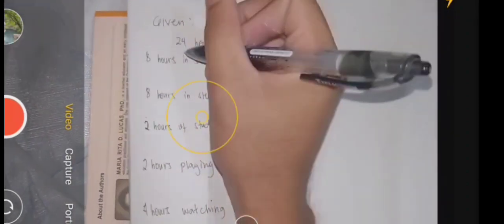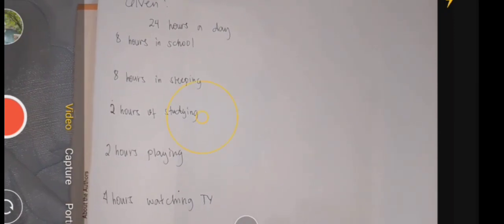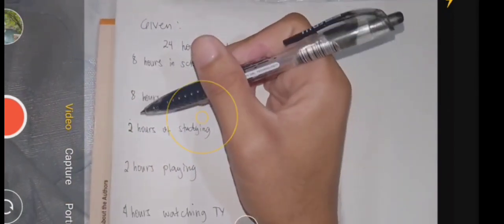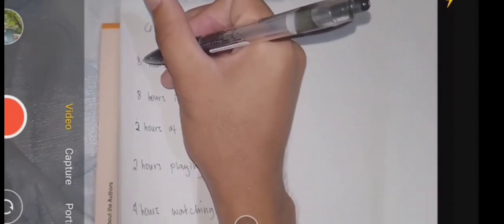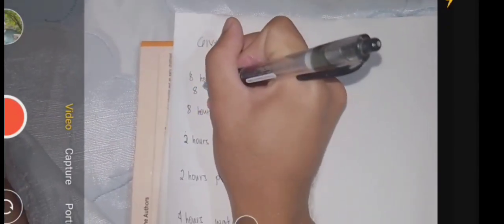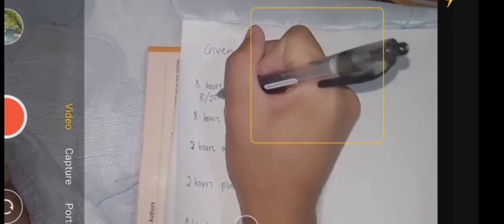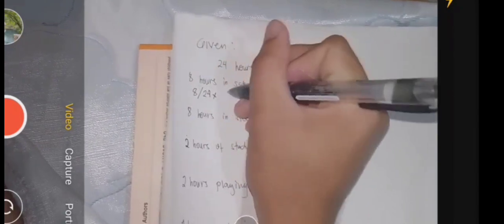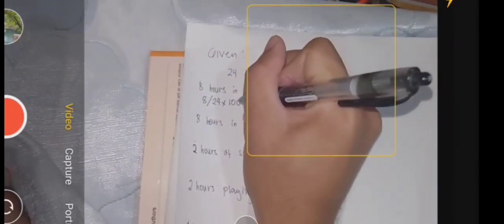The first step is to get the percentage of each given. To get this percentage, we have 8 divided by the 24 hours times 100%.